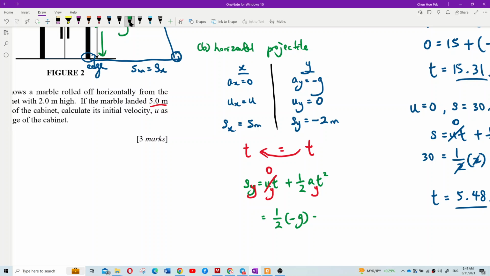So t, I don't know the t. Sy is negative 2 meter. So find the t, class. Let's find the t. So 2 times 2 divided by 9.81.